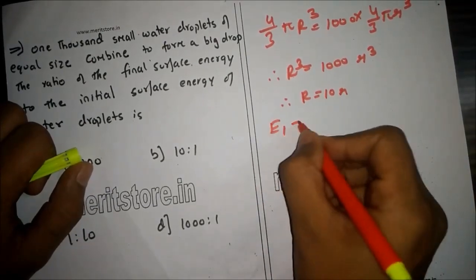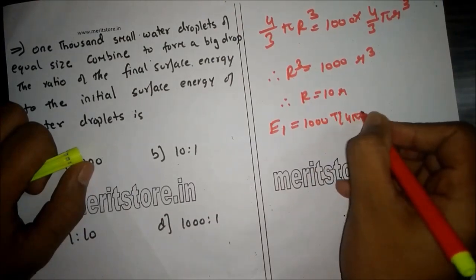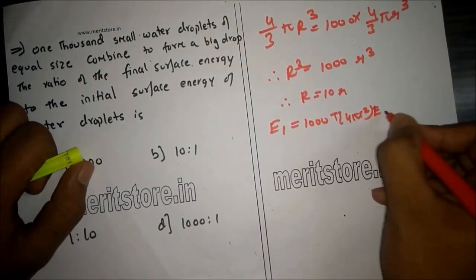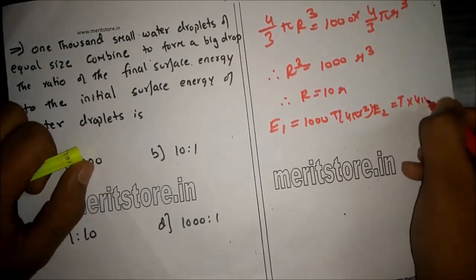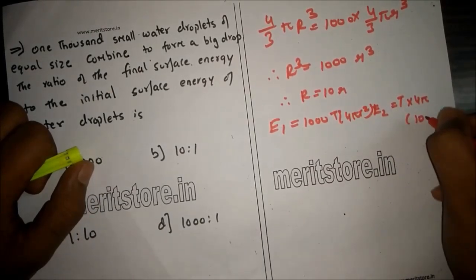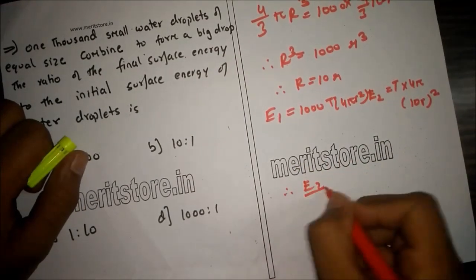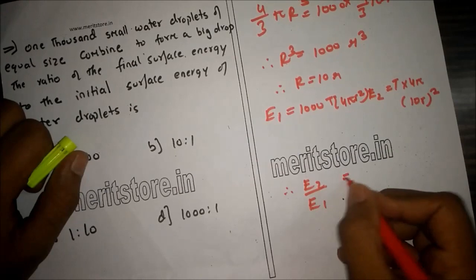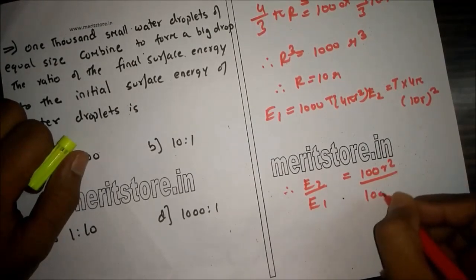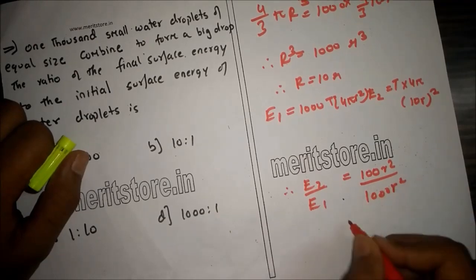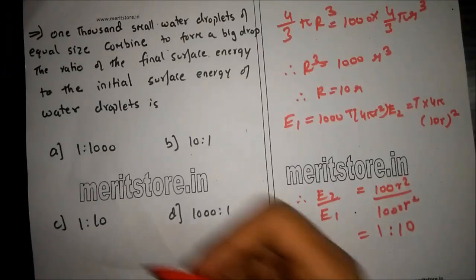Now E1 will be equal to 1000 into T into 4 pi small r square, and E2 will be equal to T into 4 pi into (10r) the whole square. Therefore, E2 upon E1 will be equal to 100 r square upon 1000 r square, which is 1 is to 10. Therefore, the correct answer is option C.